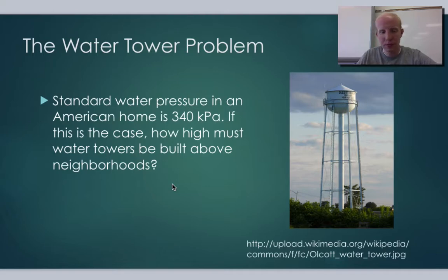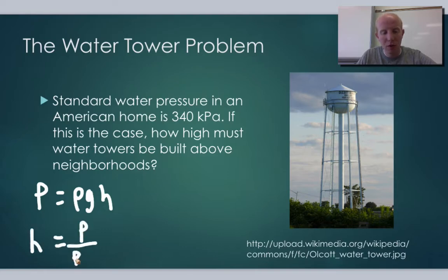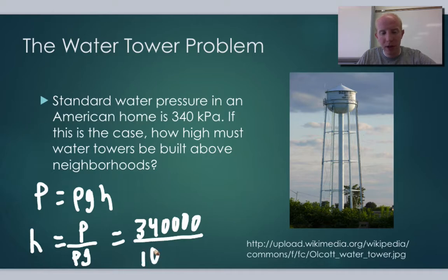So what we do is we say, we know the same thing: pressure equals rho g h. In this case, we're solving for h, so we'll rewrite it as h equals pressure over rho g. The pressure is 340 kilopascals, and the density of water is 1,000 kilograms per cubic meter times 9.8.